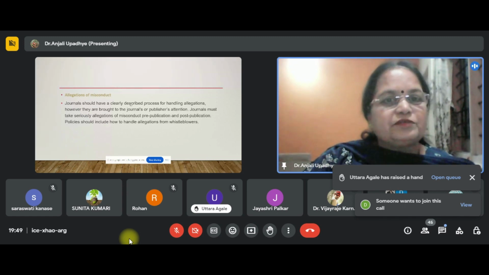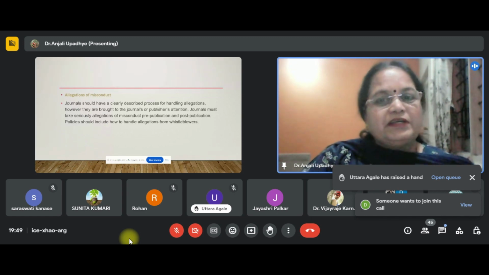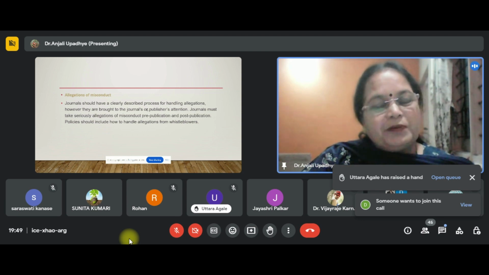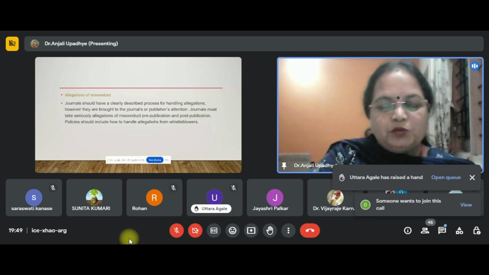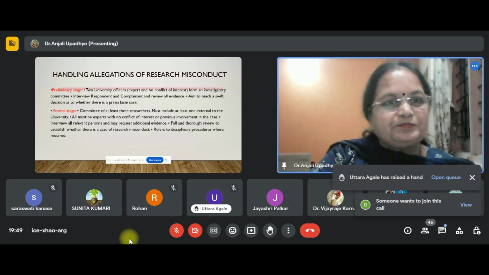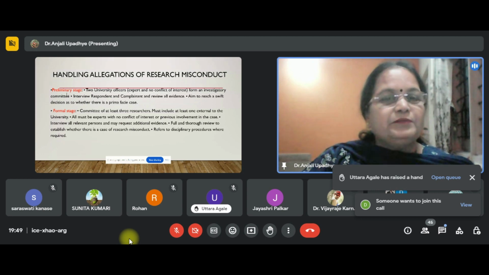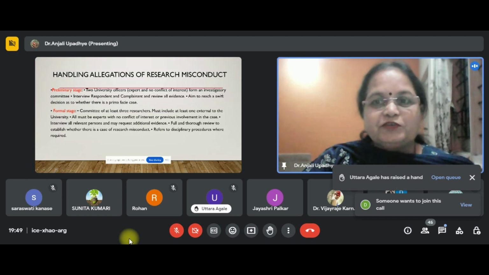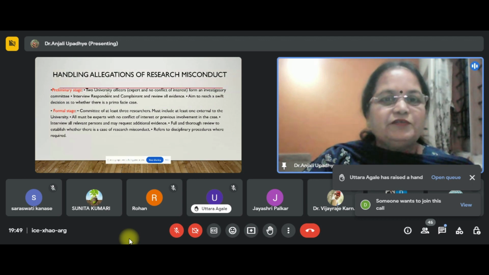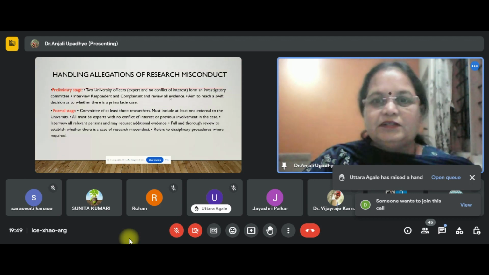So, allegations of misconduct. A journal should have a clearly described process for handling allegations. Some journals don't have a process for handling allegations, but COPE has given guidelines on how to cover them. Handling allegations in research misconduct: at the preliminary stage, two university officers from the investigatory committee interview the respondent and the complainant, review all the evidence, and aim to decide whether there is a prima facie case.